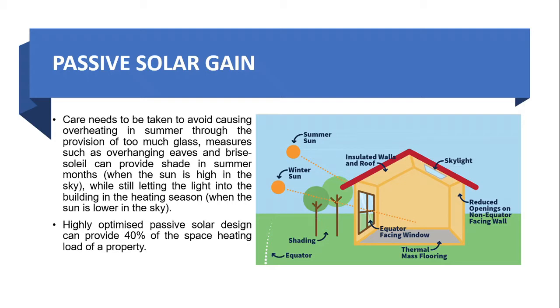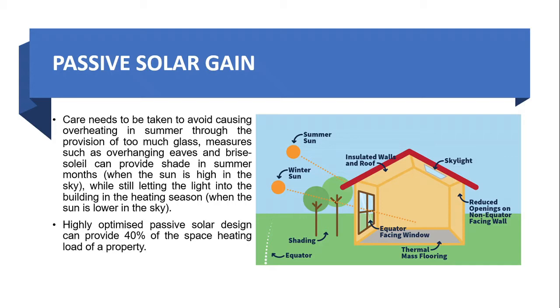Whenever we are designing buildings for passive solar gain, we have to take into account that this should not be overheating in summer, because if we are just considering the winter season, we are going to provide too much glass, and too much use of glass is going to overheat the building during summer seasons.